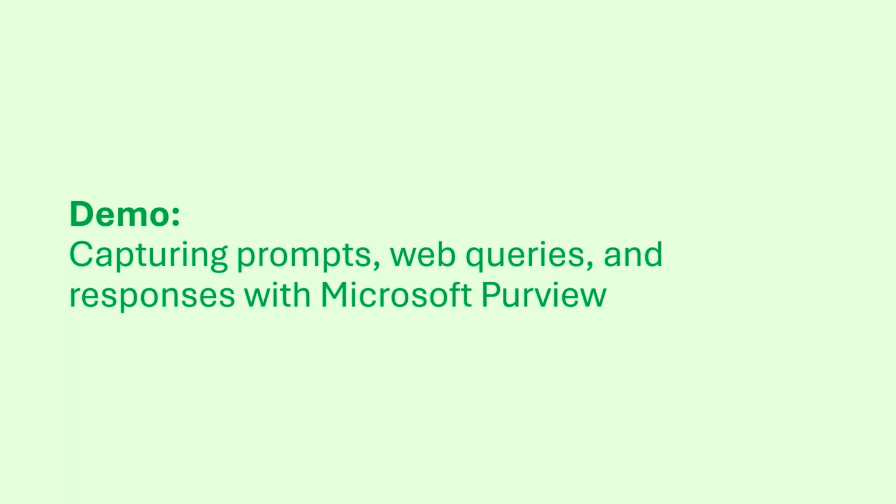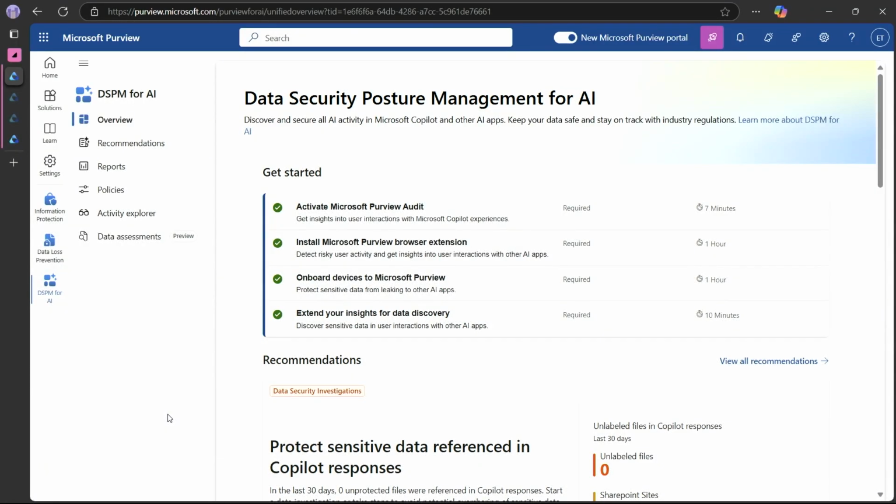Perfect. Thanks, Ben. So in addition to the foundational controls that Ben just spoke about that Microsoft provides on the base platform, we also have controls we provide so you can have control of your data that you own. So let's look at a couple of those transparencies and controls that you have.